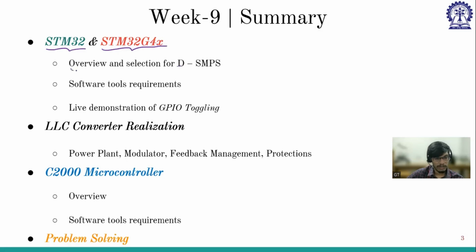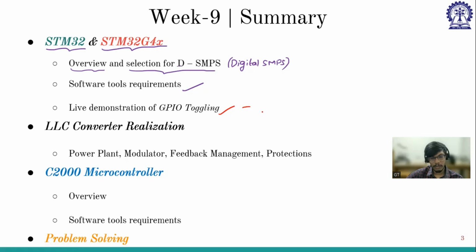First we saw the overview of the family of different STM microcontrollers, and then we discussed how to select a microcontroller for a digital switch mode power supply. We also saw what software tools are needed, then discussed GPIO toggling and how to write the code, and I also showed you the live demonstration.